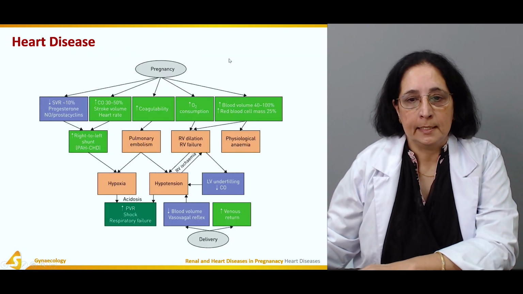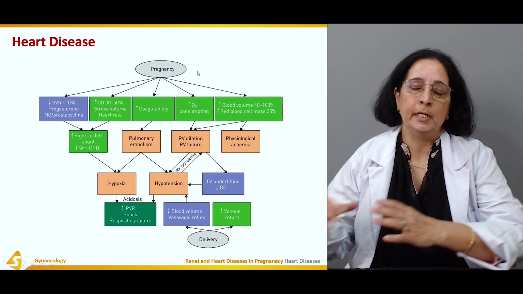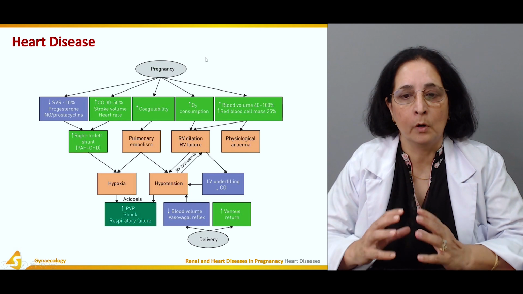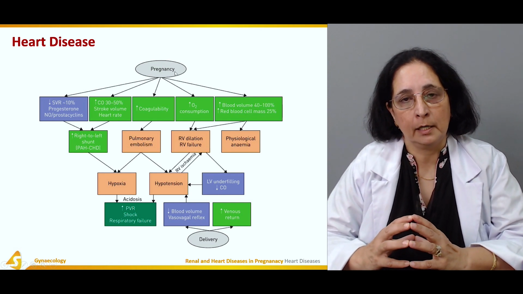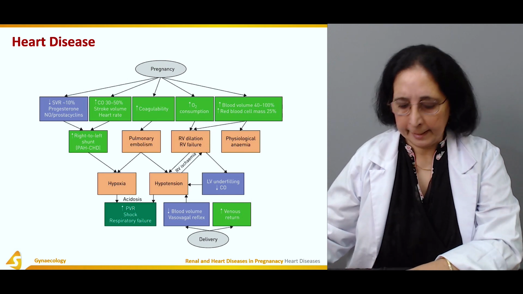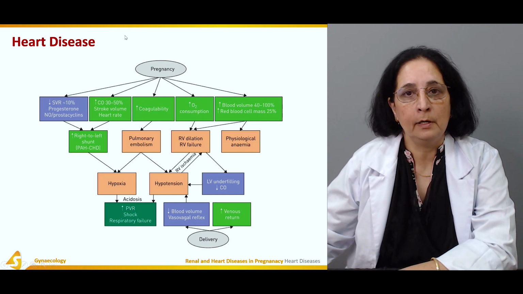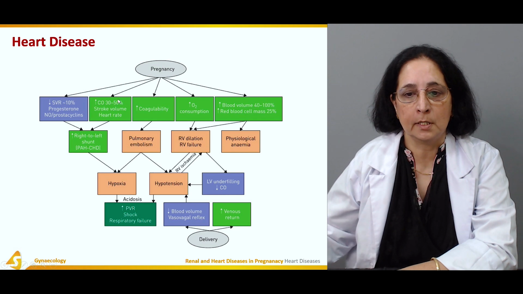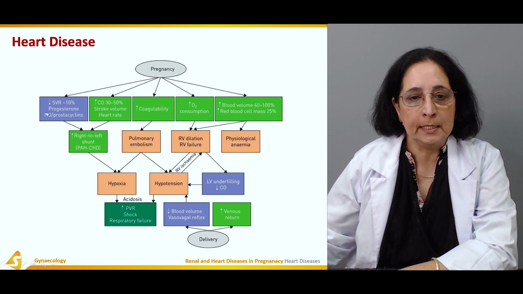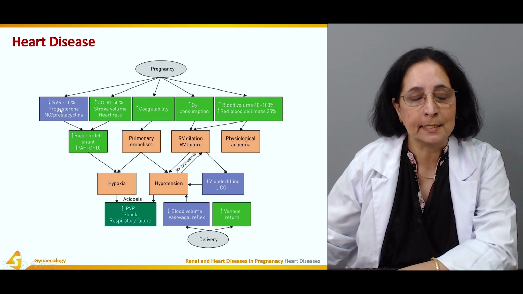First, heart disease. Pregnancy has its own effect that can cause more pressure on the heart and the vascular, circulatory system. What are the normal physiological responses of pregnancy? We have decreased systemic vascular resistance.